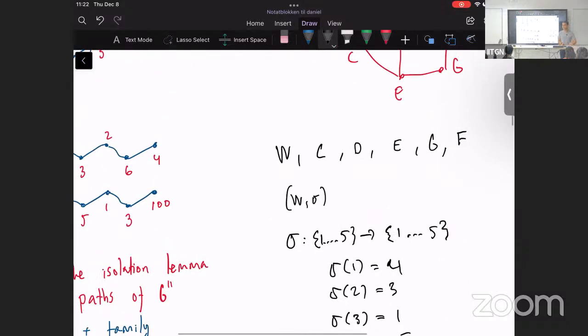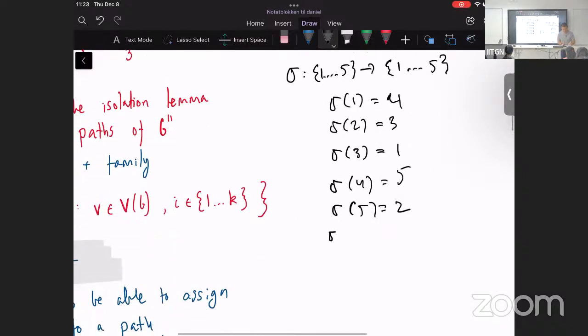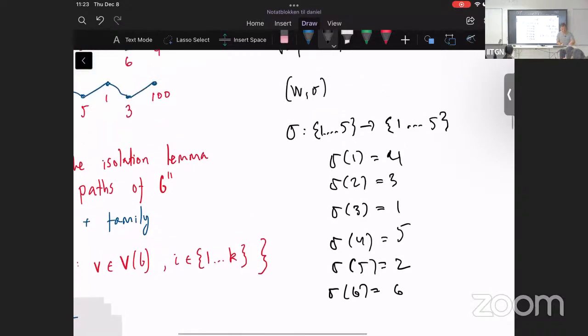Formally, the domain is just the number of vertices on the walk. Sigma 6 equals 6. Yes, there are 6 vertices on the walk, and you need to have as many. The function needs to have as big of a domain and range as there are vertices on the walk in order to be multi-labeled.